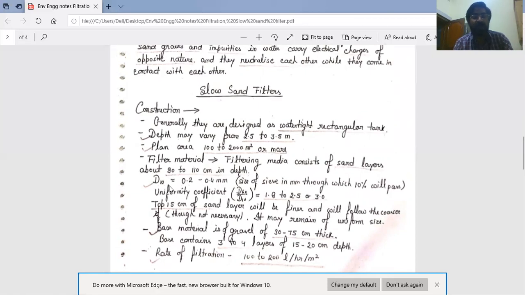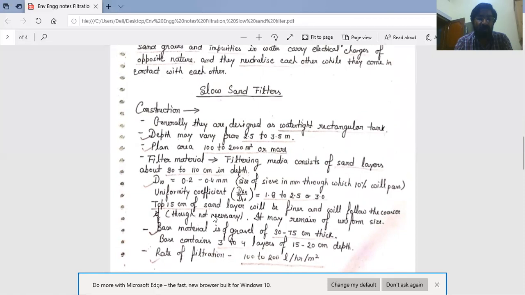D10 is the size of the sieve in mm through which 10% will pass. And uniformity coefficient D60 upon D10 is equal to 1.8 to 2.5 or 3.